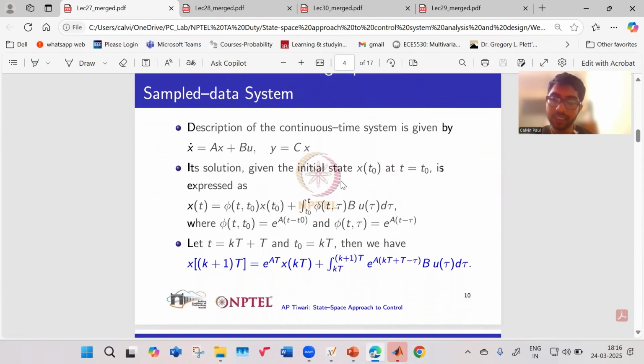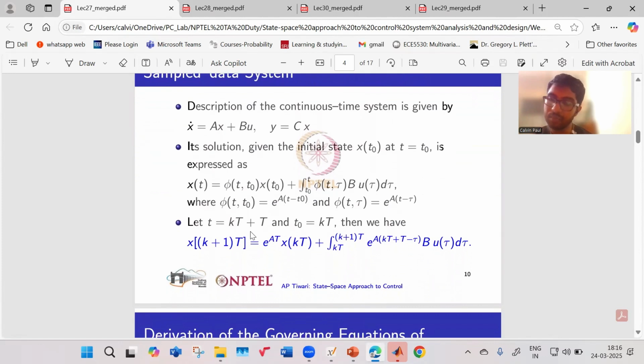What they do is they set some conditions. Time is kT plus T and initial time is kT. So they are considering one sampling period of capital T, which is fixed for both the input as well as the output. They want to see how my system's response varies.